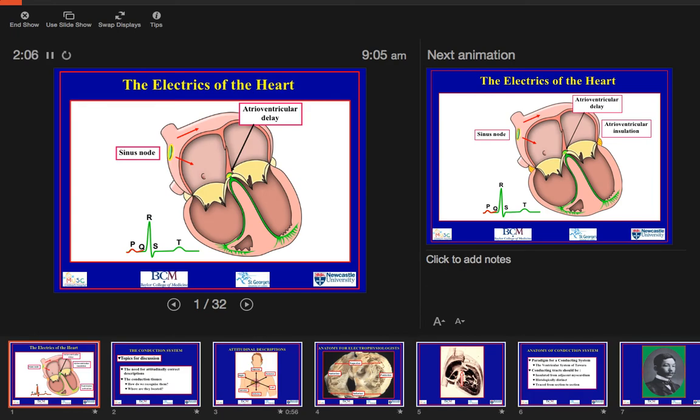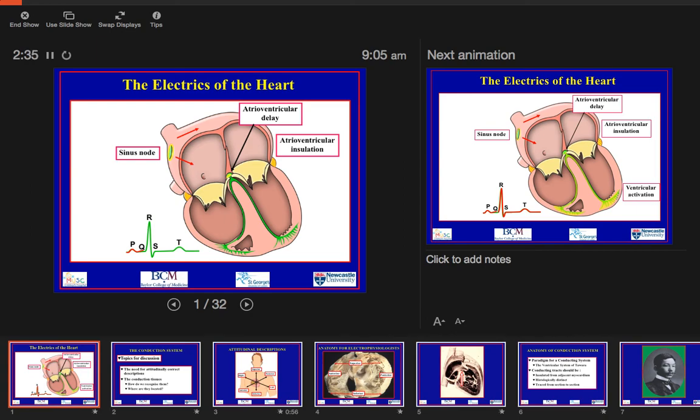So the structure that produces atrioventricular delay is the atrioventricular node. And the atrioventricular node is located here at the base of the atrial septum. But if the atrioventricular node is to work properly, it is of course essential that around the remainder of the atrioventricular junctions, the atrial myocardium is insulated from the ventricular myocardium.